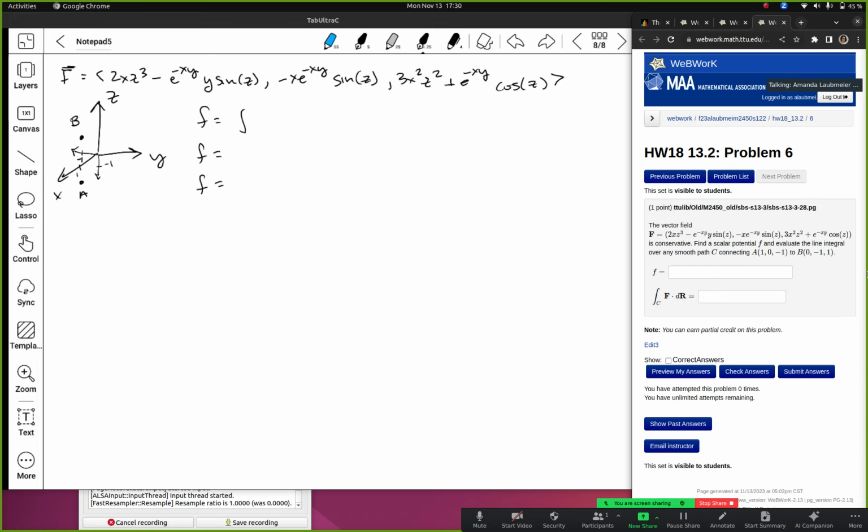we're going to do that thing where we integrate the i component with respect to x, the j component with respect to y, and the k component with respect to z.